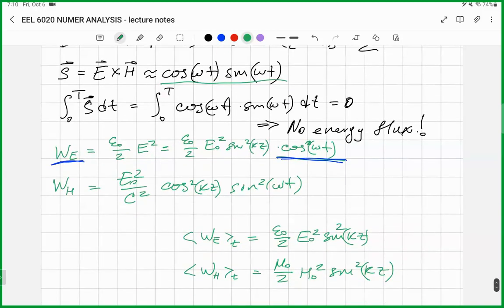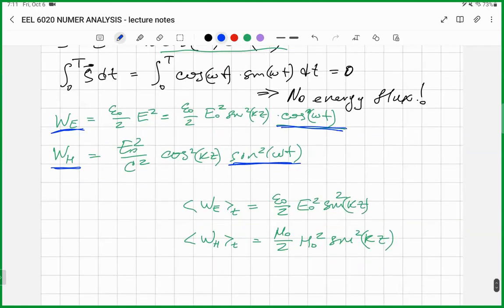This is something I wanted to emphasize. The electric field energy depends on time as cosine squared omega t. The magnetic field energy depends on time as sine squared omega t. Of course, I could start from sine functions, and then I would get sine for the electric field and cosine for the magnetic. It doesn't really matter. What matters is the phase difference of the electric and magnetic field energies.